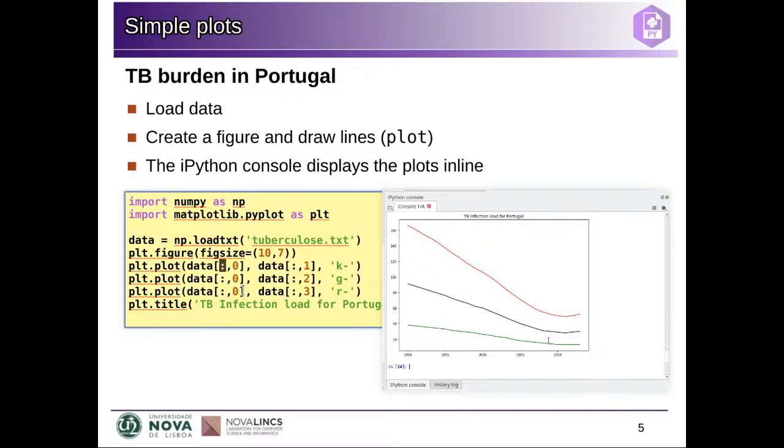This colon here specifies that we want all the rows, just like when we use slicing with lists and so on. But since this array is two-dimensional and we are using a NumPy array, we can index it like this. So we want all the rows of column 0. And this is the years, what we get here on the x-axis. And we want for the y values all the rows in column 1.